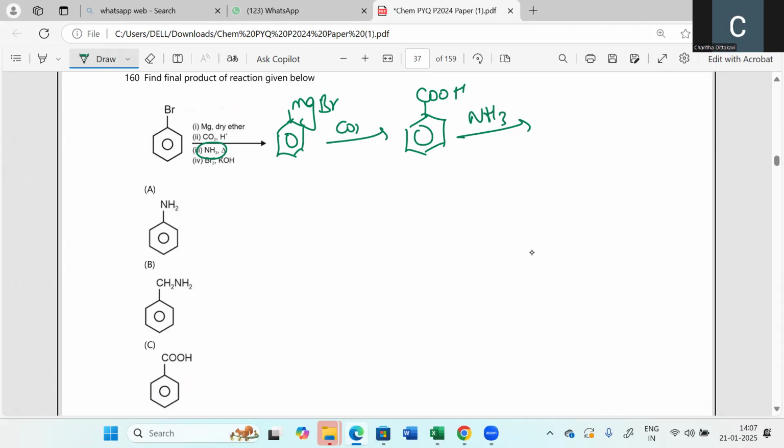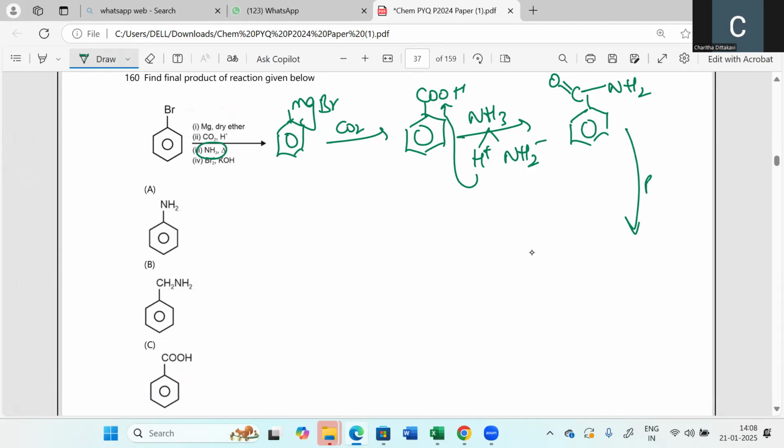This is CO2, cold electrolysis, you can go. Then NH3, what will it become? Here it will split up into H plus and NH2 minus. H plus attacks on the OH group there. So OH group goes out. Then you are left with C double bond O and then NH2 is formed. This is amide. Okay, amide is formed.